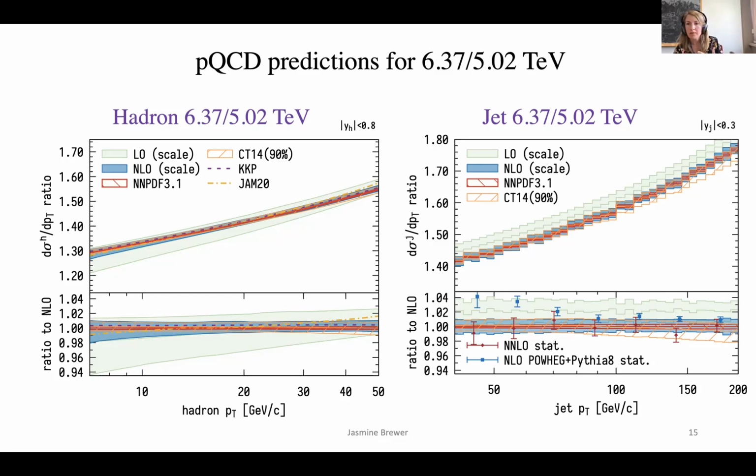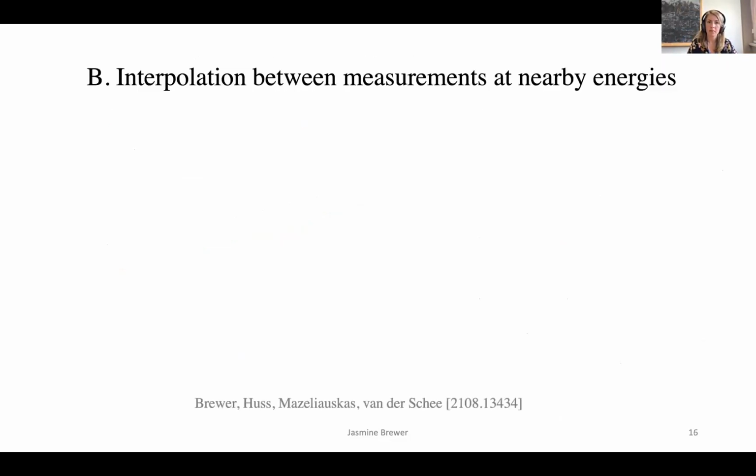So in principle, this would provide a way to use perturbative QCD to construct a reference at 6.37 TeV using 5.02 TeV data. What I'm going to talk about next is interpolation, which is an alternative approach to constructing a reference based on measured data at nearby energies.